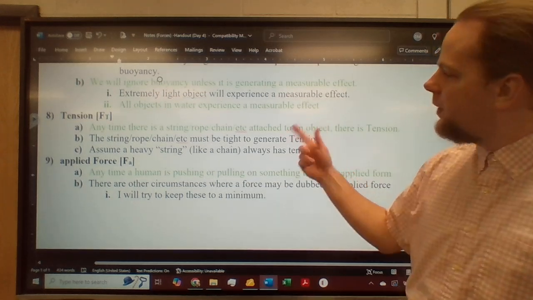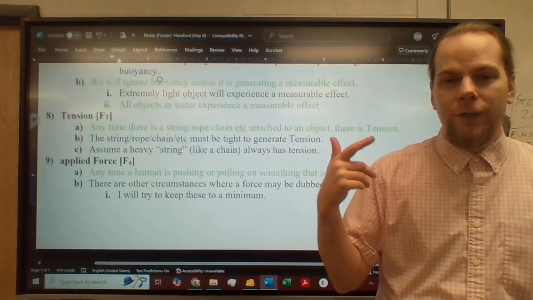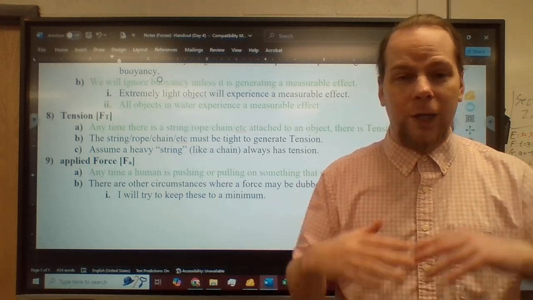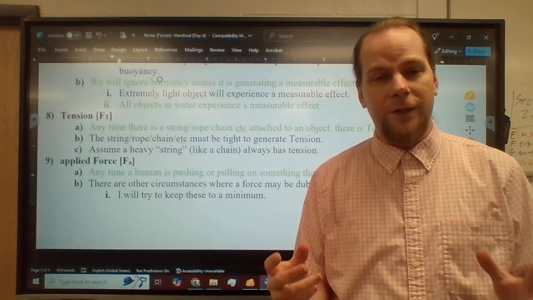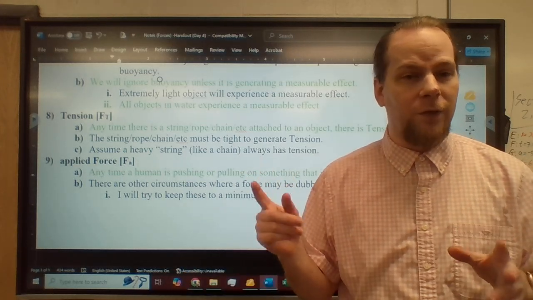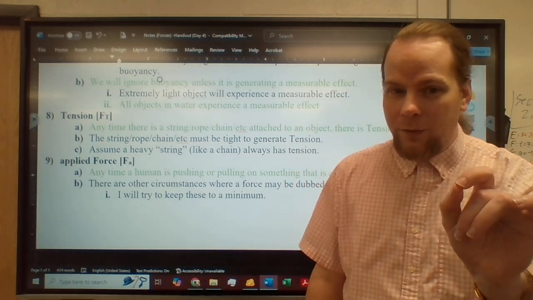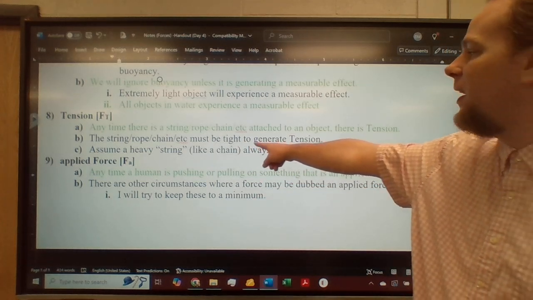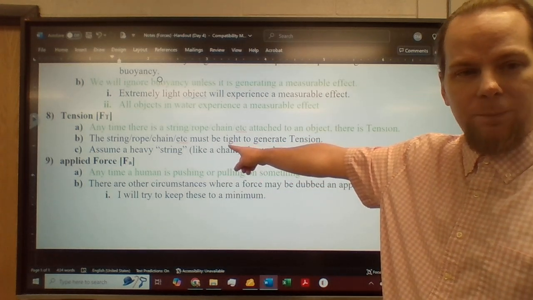Last 2, tension and applied force. Tension is really easy to spot. If there is any kind of string or cable or cord that's connecting something to something else, then there's going to be tension. With an asterisk, that cord has to be tight. Okay?